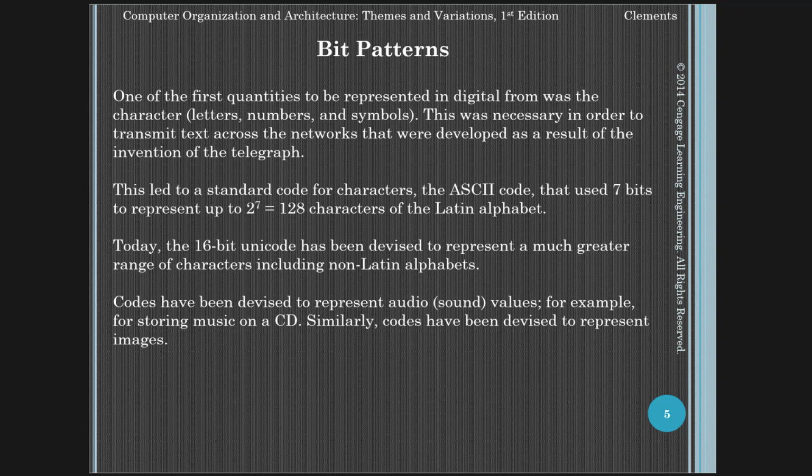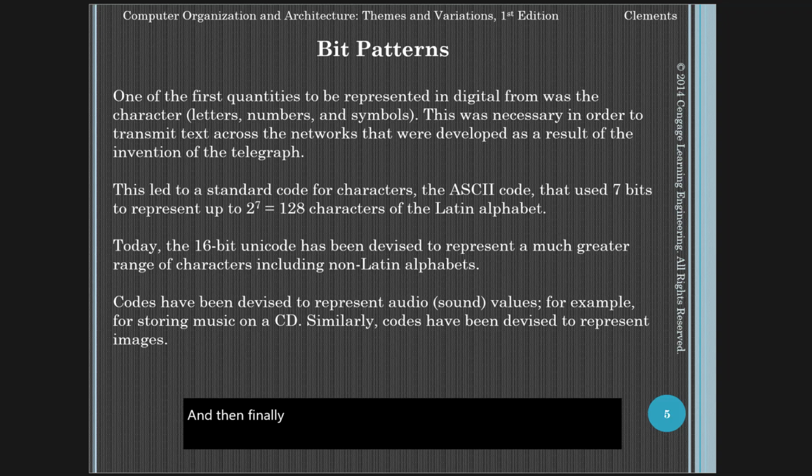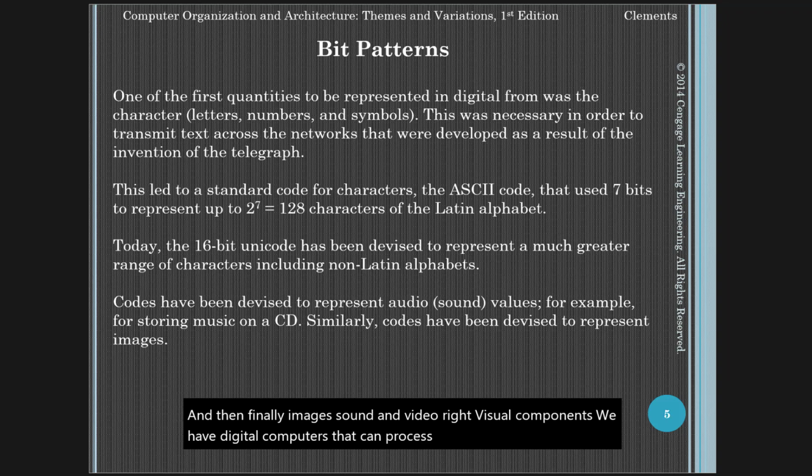And then finally, images, sound, and video. Visual components. We have digital computers that can process large quantities of data that represent sound and still images and video. If we assume that the average word is 5 ASCII characters and a space, 1,000 words is 6,000 characters or approximately 6 kilobytes.